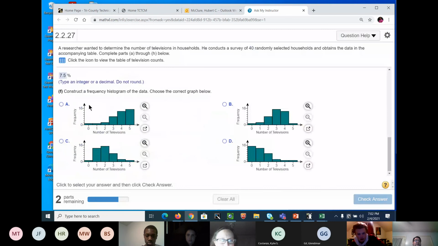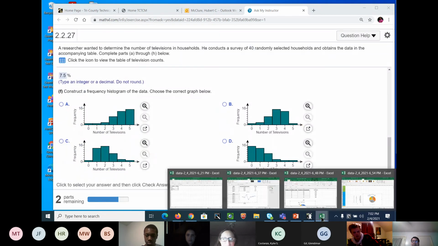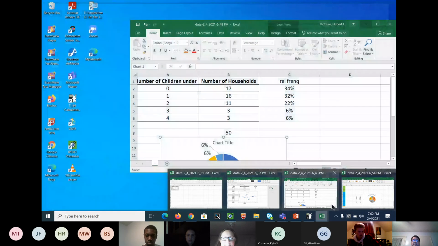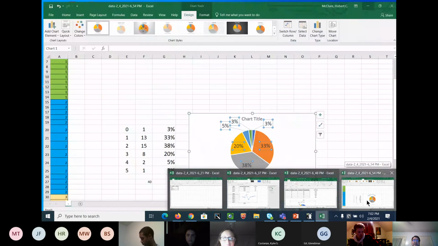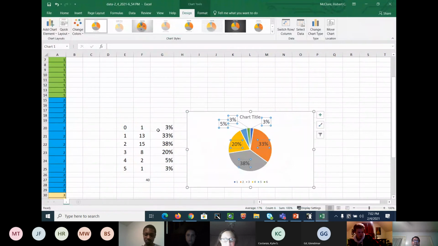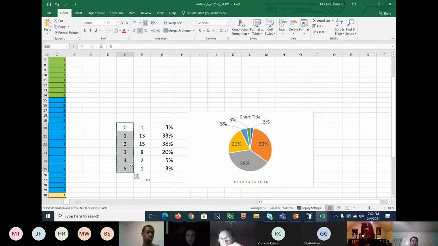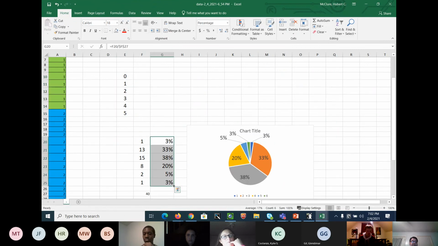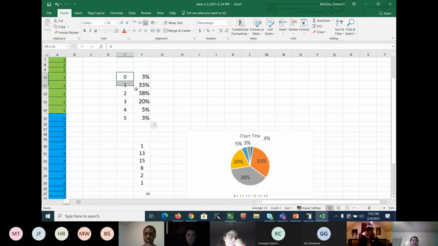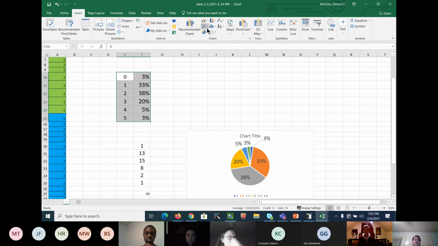Oh, good gosh. Construct a frequency histogram. So I'm going to take my handy dandy, I can't even find which one did I use. Was it this one? There. I'm going to do a histogram. I'm going to have to do Control C, Control X, Control V, and then insert a bar chart.